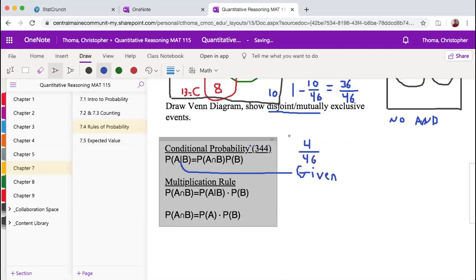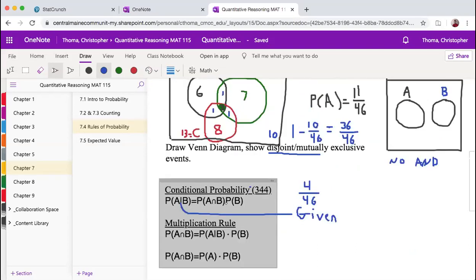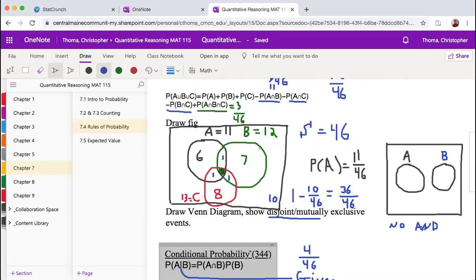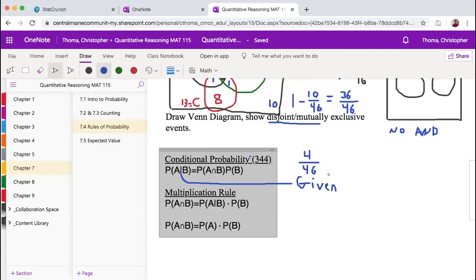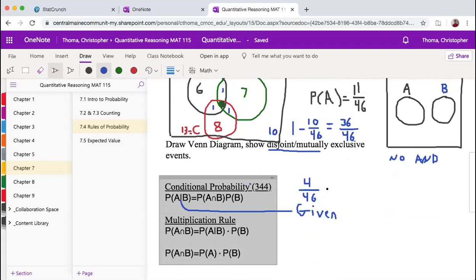And I have to multiply that by my probability of B. Well, my probability of B is 12 over 46, right? So now I'm going to times this by 12 over 46.